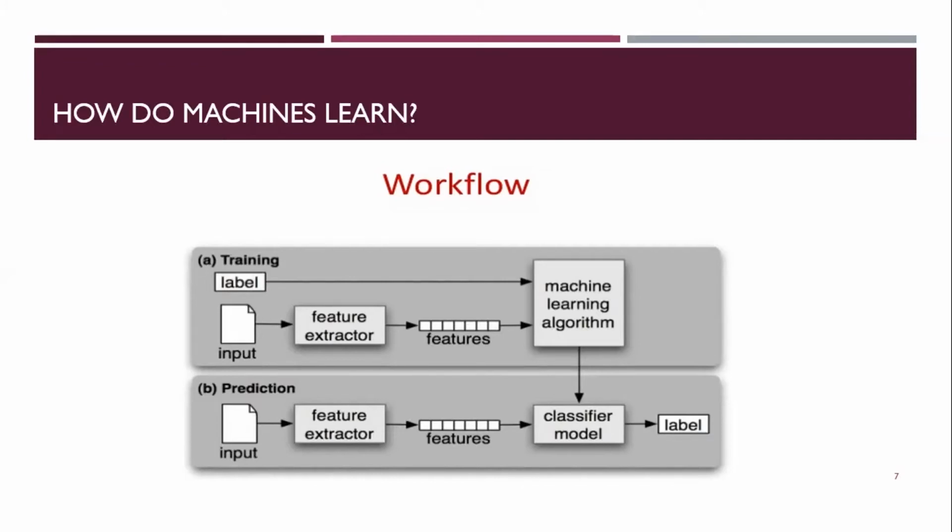The machine takes all the features with their labels, and it learns every feature and its label. And when you give it a random dog, it will be able to tell you the breed of that dog.